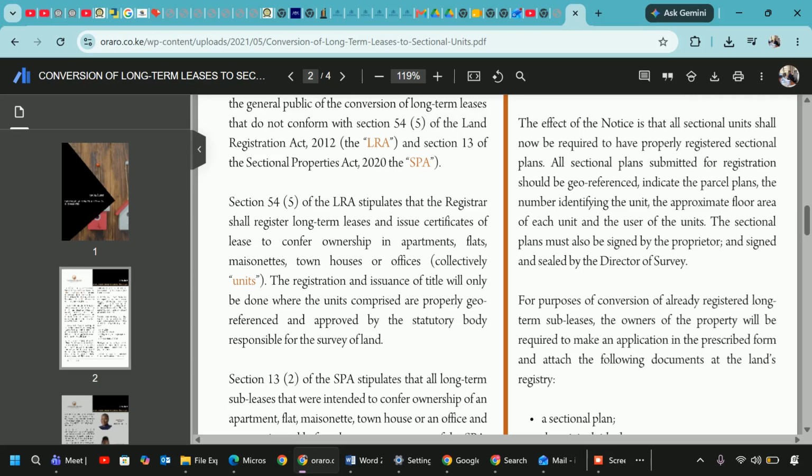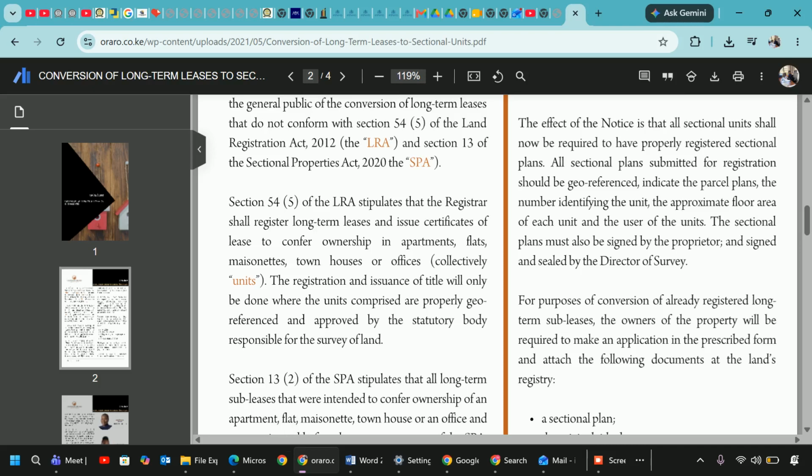What are the ingredients of the sectional plans? The sectional plans indicate the parcel plans, the number identifying the units, the approximate floor area of each unit, and the user of the units. And it must be signed by the proprietor and signed and sealed by the Director of Survey.